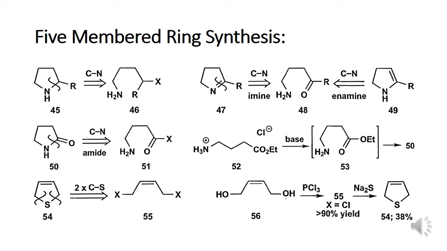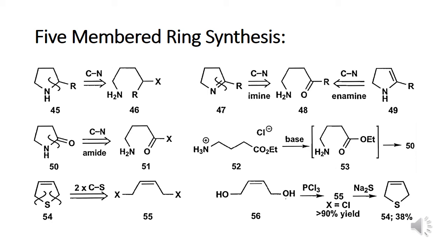Now another example is structure 54. We can see here the retrosynthetic analysis of sulfur-containing heterocycles. The unsaturated ring, structure 54, does have a double bond, but it is not next to the heteroatom, and as a result it is an allylic rather than a vinylic sulfide.